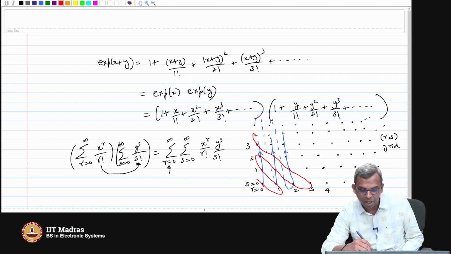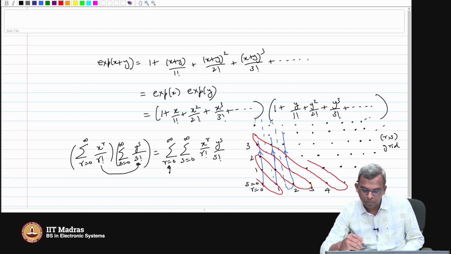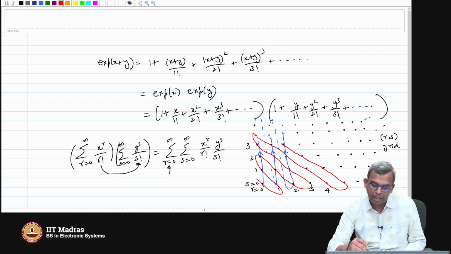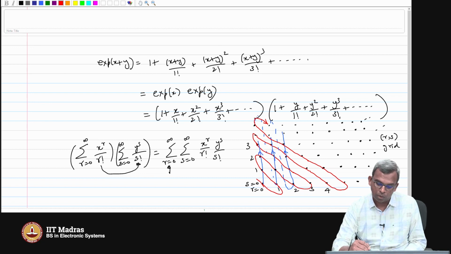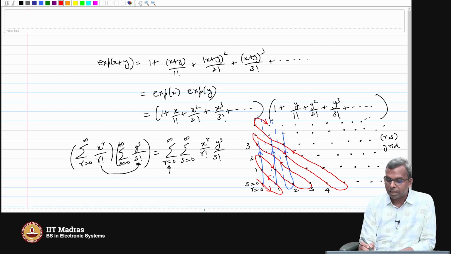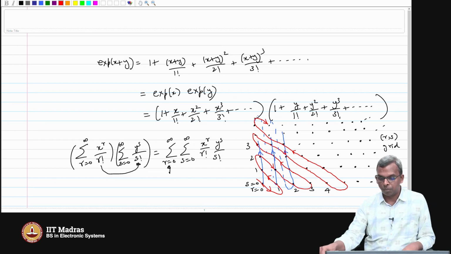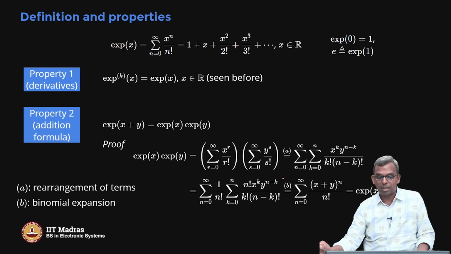Let me see how far I can push it. I can go here diagonally, and then again here diagonally. This way also I cover the entire grid, right? Convince yourself that this is also a very valid way of covering the entire grid. You can also do it in any other way. So how does that work, right? That works with the other summation. Okay, so let me just go back to my slide here.